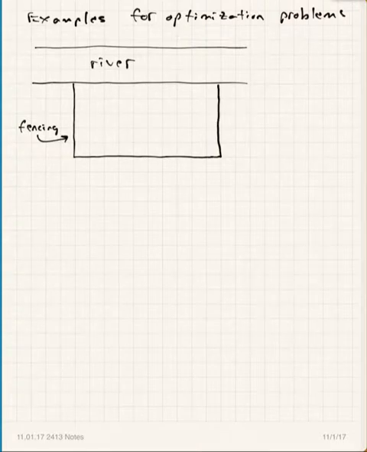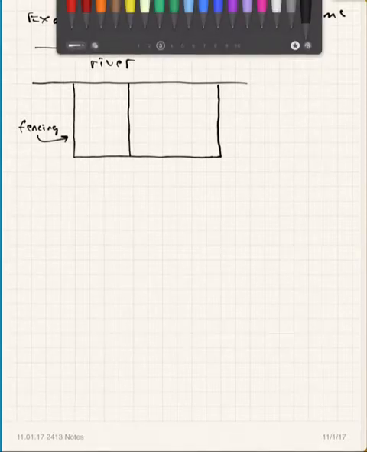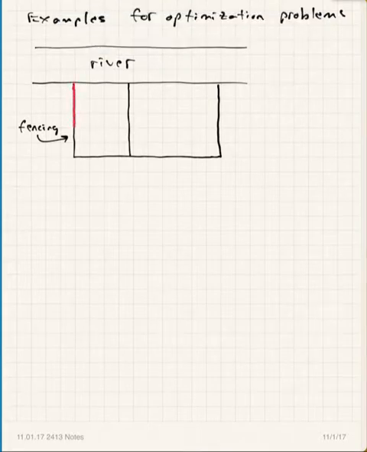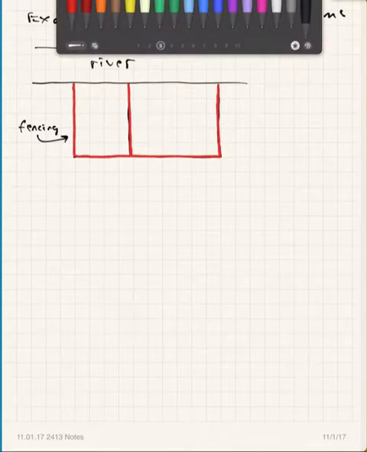And then within that rectangular area, we want to fence again to subdivide the big rectangle into 2 smaller rectangles. If you look at the river here and the red lines that I'm sketching, the red lines are the fencing. The river is the black line. So notice I'm not fencing along the river right here. I'm just fencing a rectangular area that's right next to the river like that.